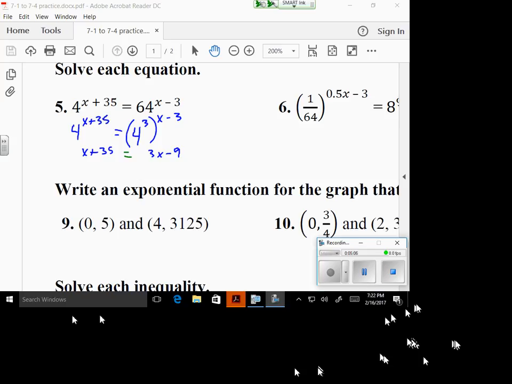We're left with x plus 35 equals 3x minus 9. Subtract 3x and subtract the 35. We get negative 2x equals negative 44. Divide by negative 2, which means x would have to be 22.